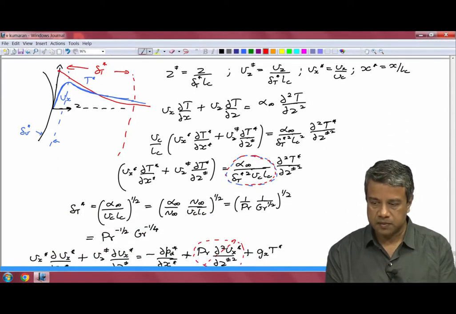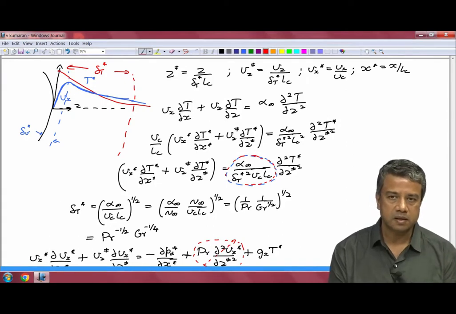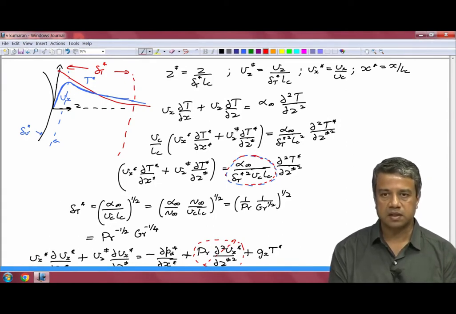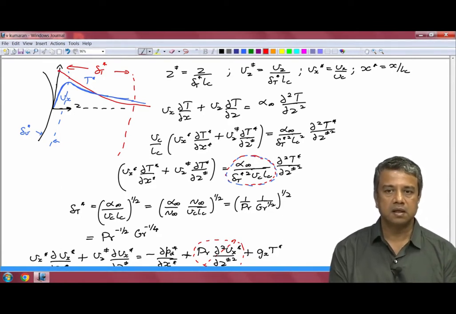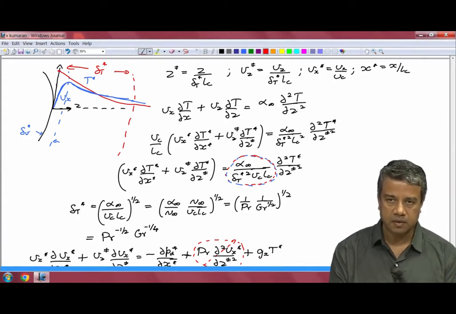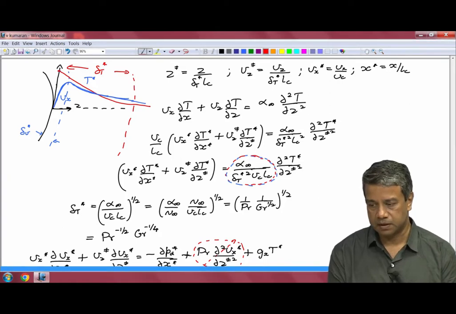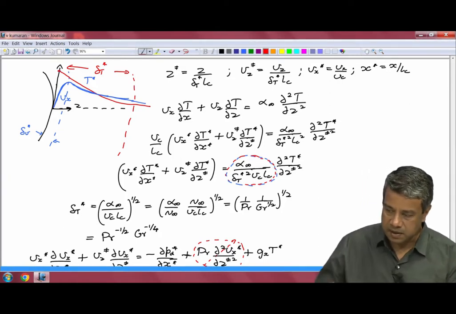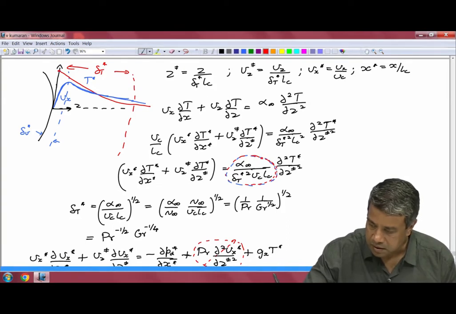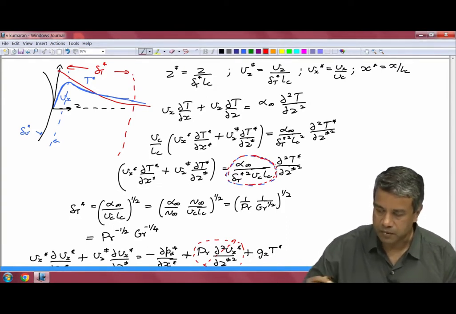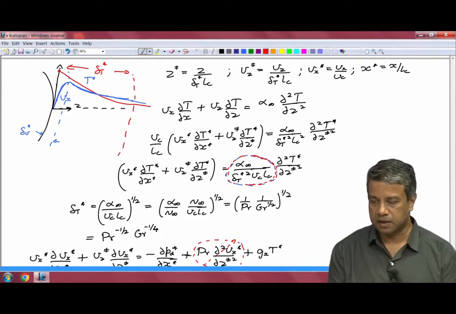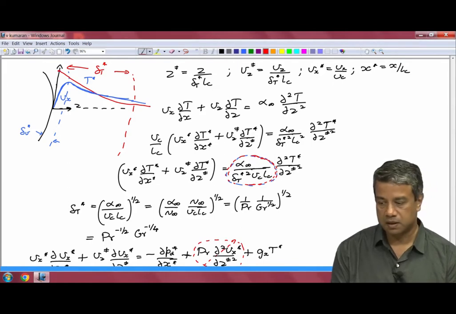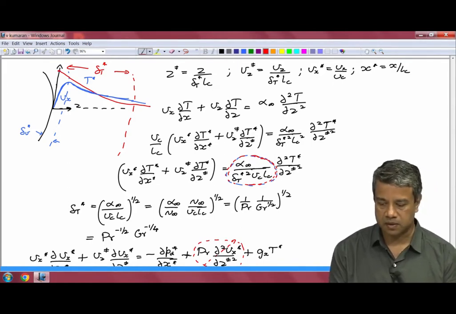Therefore, in the energy balance equation, we had scaled our equation by a thermal boundary layer thickness, and determined that thickness from the condition that energy convection and diffusion are comparable in the thermal boundary layer equation. That requires that the parameter alpha infinity, that is 1 over the Peclet number times delta T square, has to be order 1.